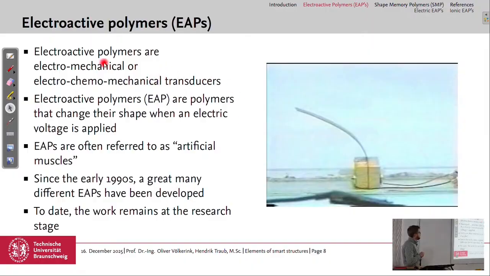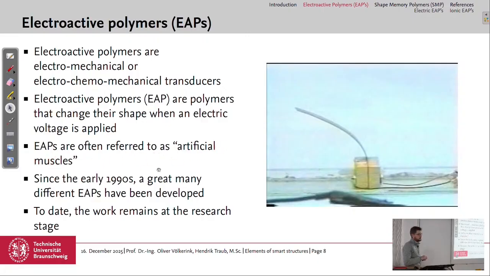Electroactive polymers are electromechanical or electrochemomechanical transducers. We will have a look at the principles later on. And electroactive polymers, like the piezo-ceramics, change their shape when an electric voltage is applied. And they are often also referred to as artificial muscles.